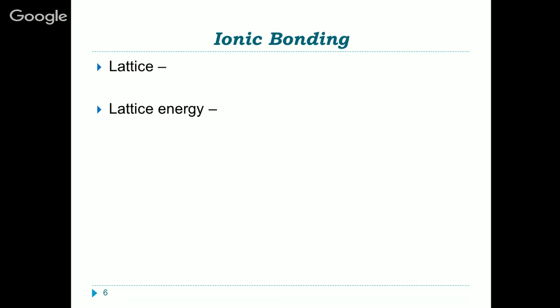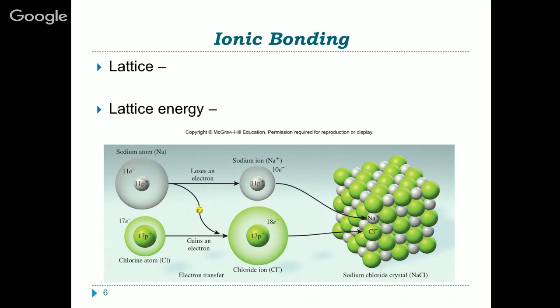So when we have ionic bonding occur, we have what's called a lattice structure, which means that we have these repeating units of positively charged ions and negatively charged ions. So it's this 3D crystalline structure that we see here, a repeating pattern of our cations and anions.